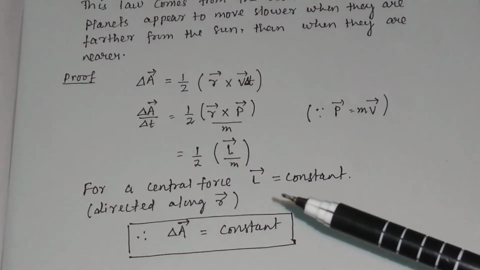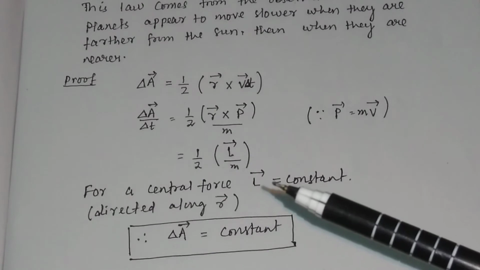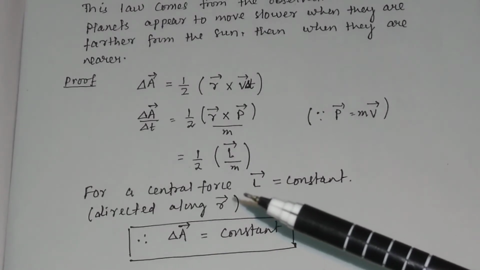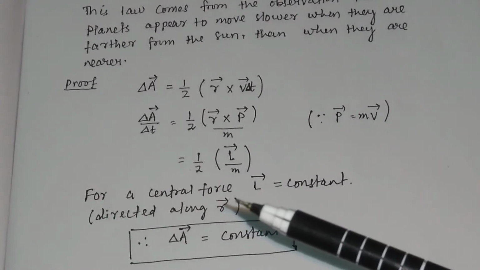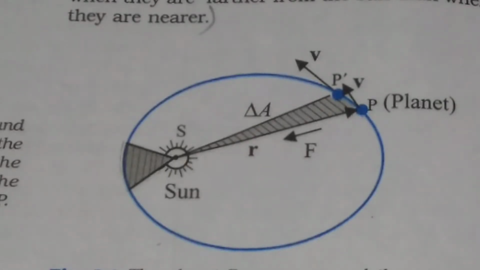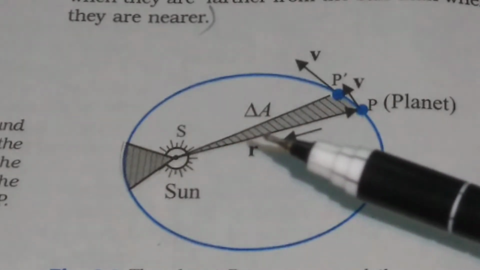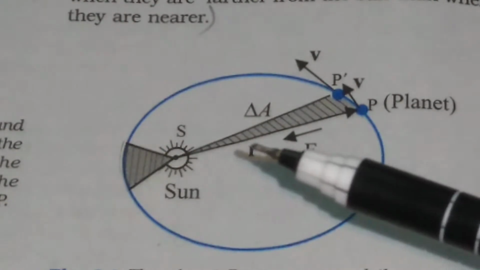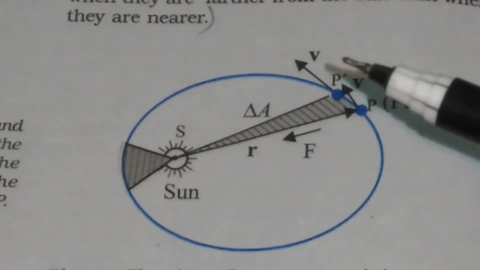And for a central force, this angular momentum will be constant. And here the gravitational force is a central force which is directed along R towards the center. From this figure you can see this is the central force which is directed towards the center along this radius. This is the gravitational force, and this is the P vector.